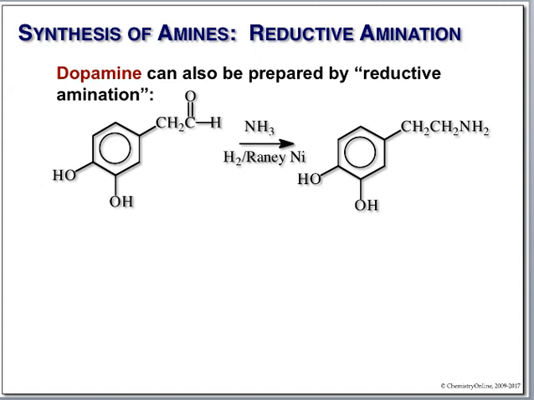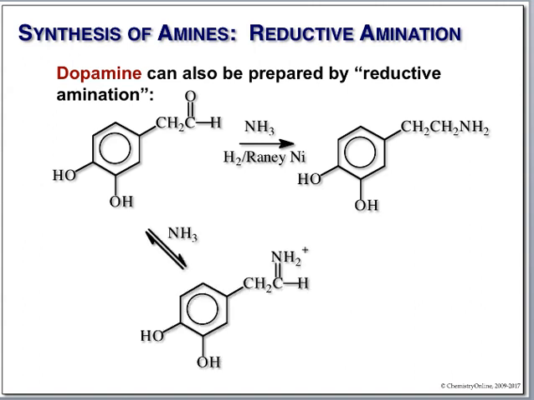It's going to give you an imine, a carbon-nitrogen double bond where the carbonyl used to be. An imine is a very reactive species. If you reduce an imine, you can convert it directly into an amino group. Here's our ammonium intermediate. Again, the nitrogen displaces the oxygen to form the carbon-nitrogen double bond.